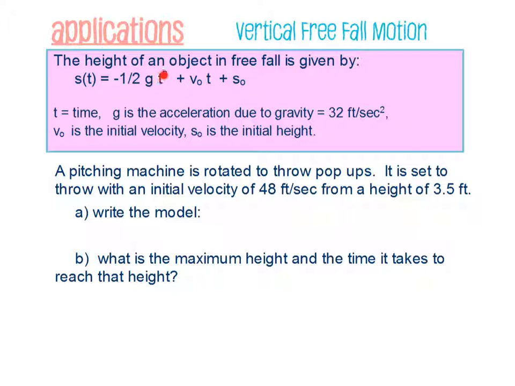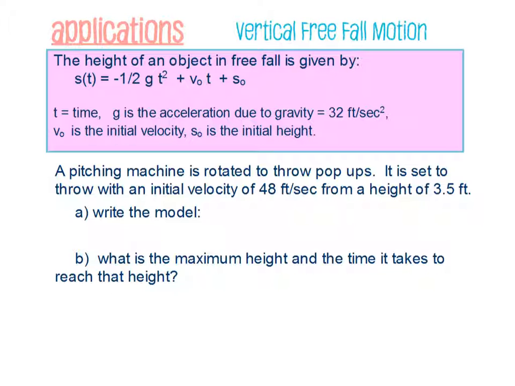Times your time squared plus the initial velocity. You'll need to be given how hard you are throwing that ball up in the air. Times your time plus S sub 0 is your initial height or your initial position. Anytime you have a sub-zero, that's always your initial value. That also is going to be given to you.